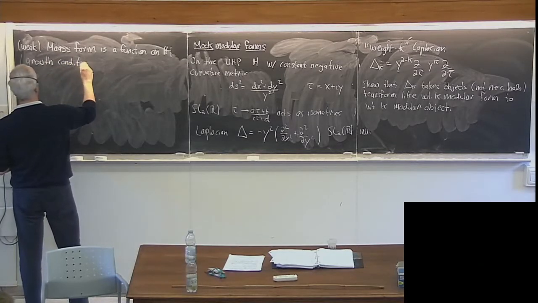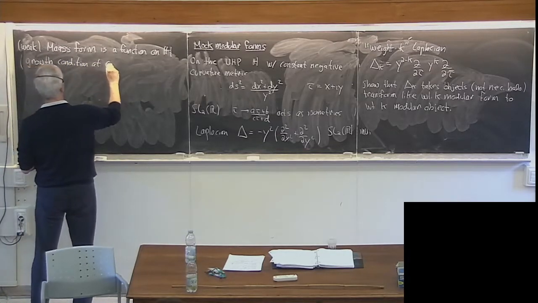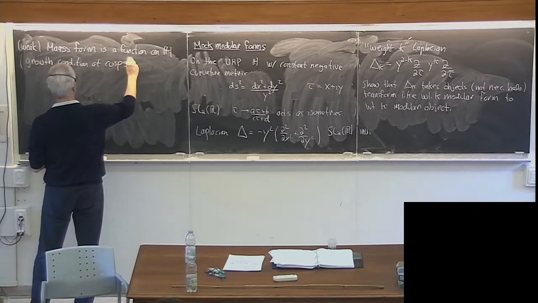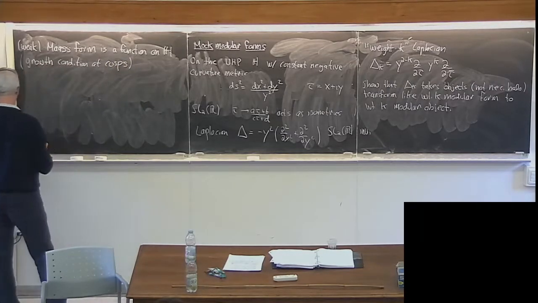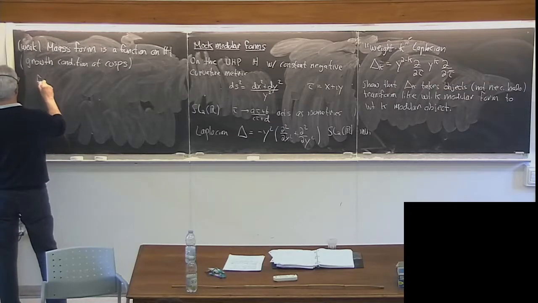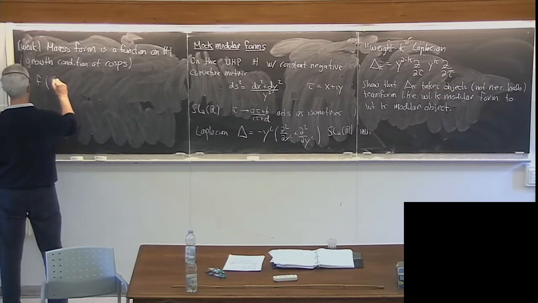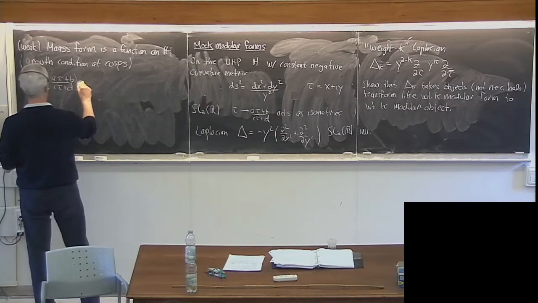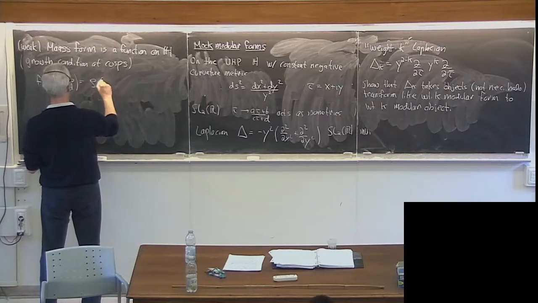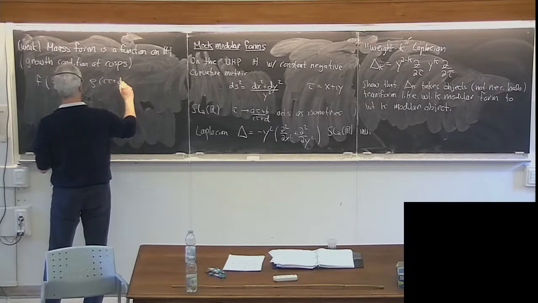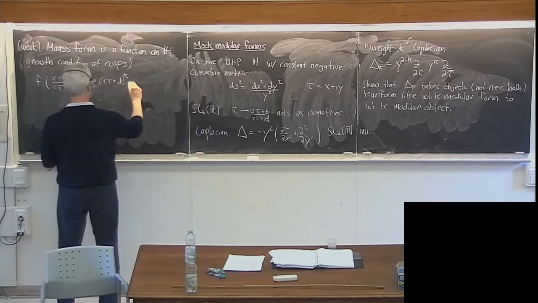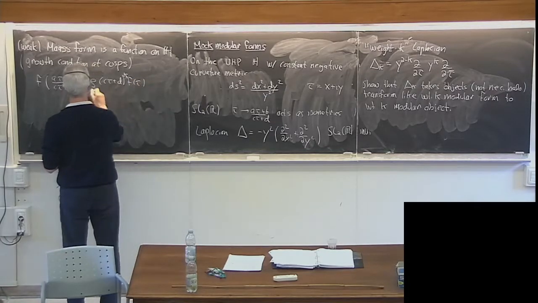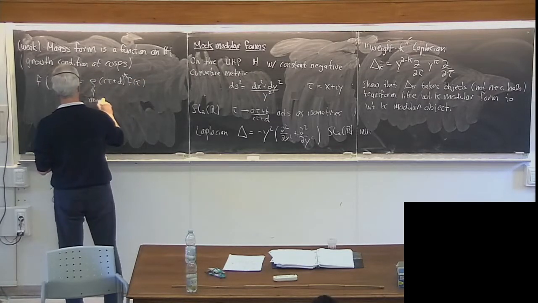There's some growth condition at the cusps, which is just the sort of thing that we've seen before, but that transforms in the following way under modular transformations, where this is some multiplier system.